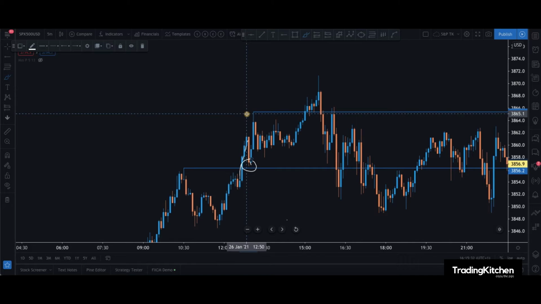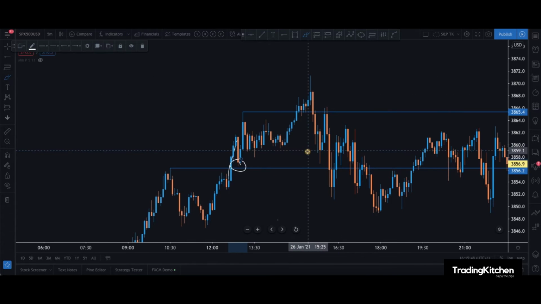Don't be the trader who buys after an up move, when the up move has already occurred. Why? We are now on the 5 minutes time frame, it doesn't matter, but we can suppose this is a daily time frame.